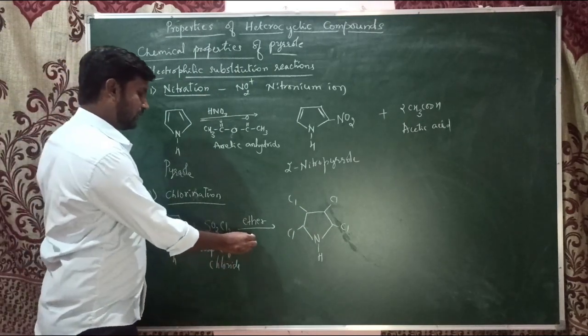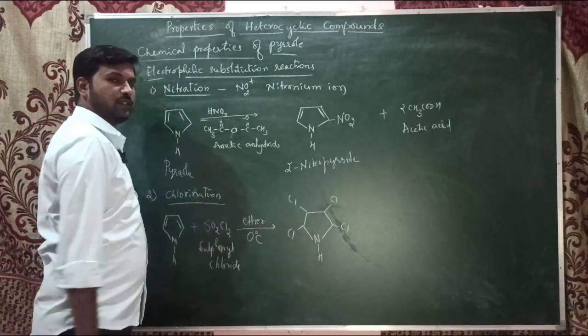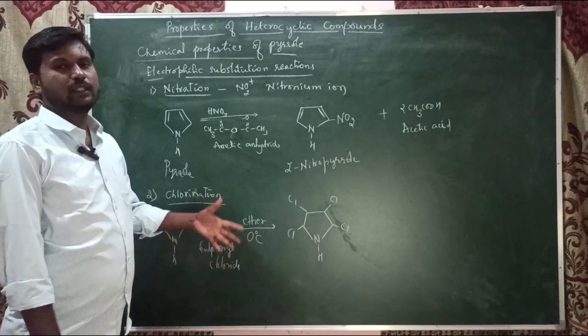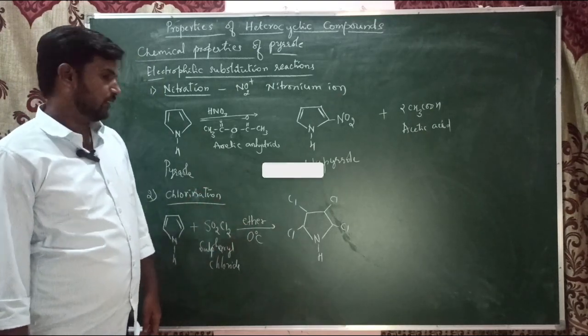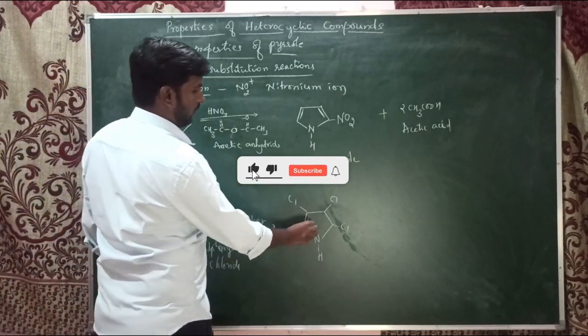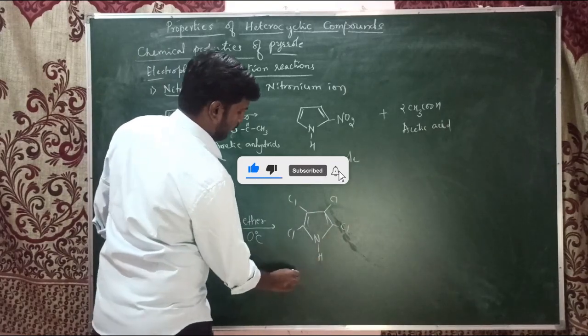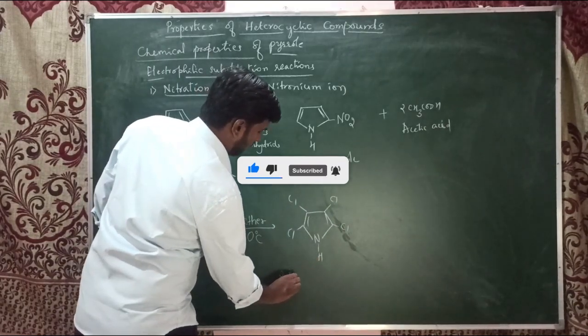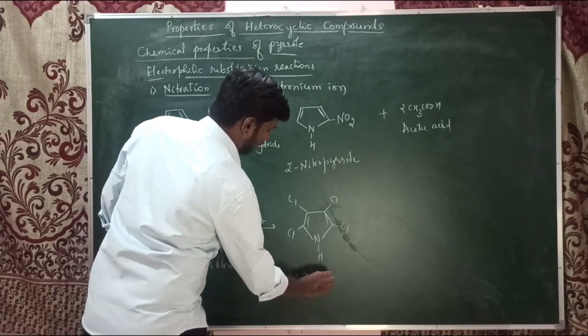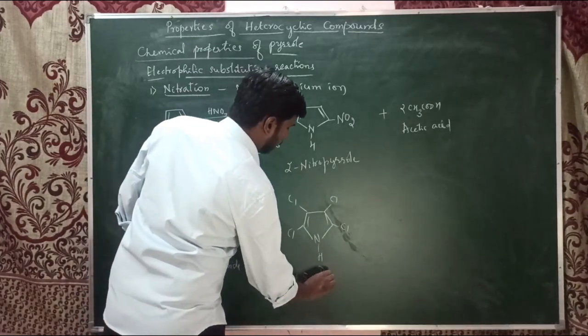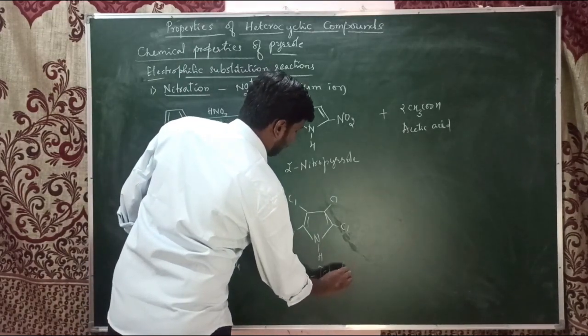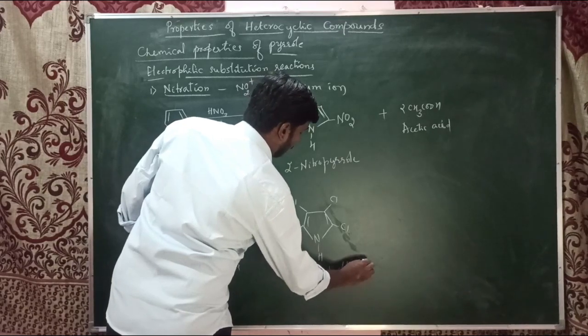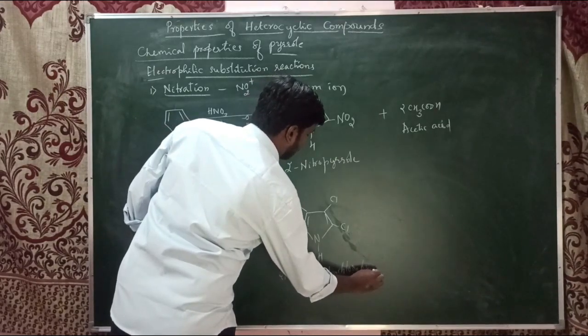Even this reaction takes place at 0 degrees, in cold condition, it easily undergoes this reaction. If you name this, 2, 3, 4, 5, tetrachloropyrrole.